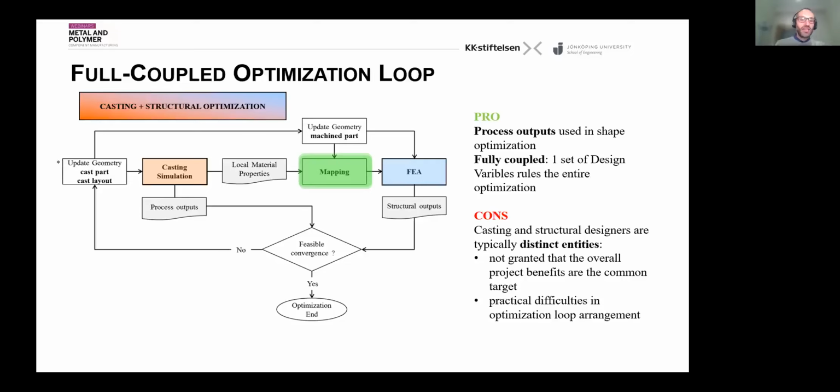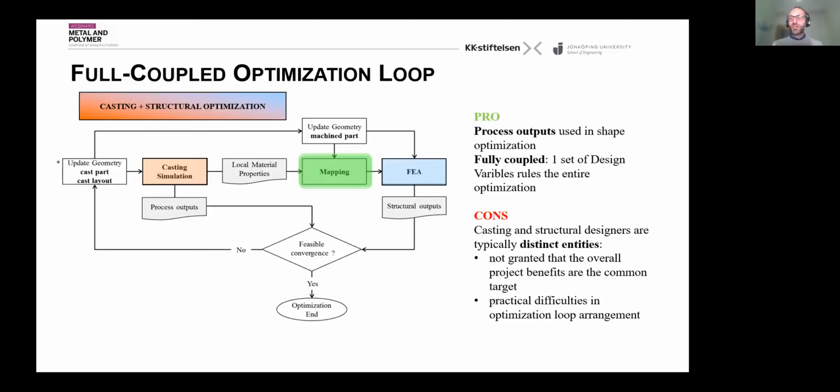So the idea was that the driver of the full coupled optimization was both the driver of the casting simulation, so the geometry that can change, but also the variables of the process, like chillers, feeders, chemistry, and so on, coupled with the driver of the structural analysis that can be the design, the shape, and so on.